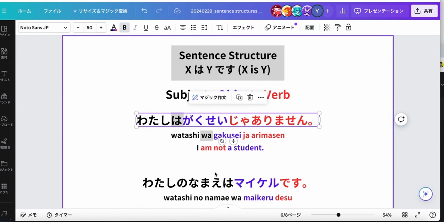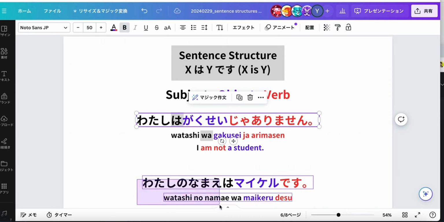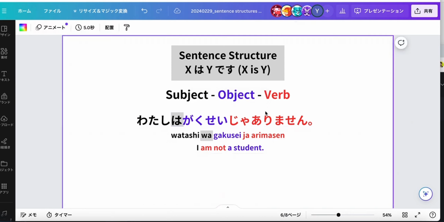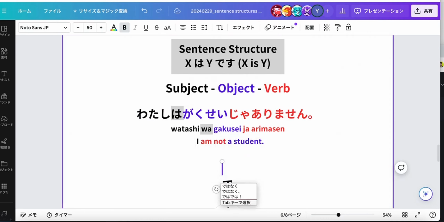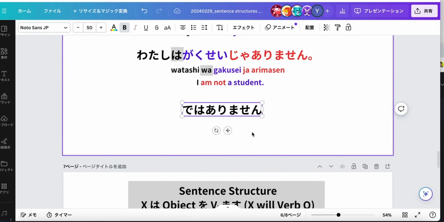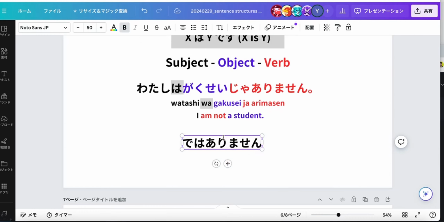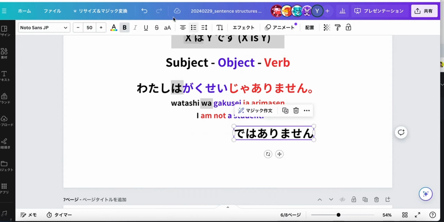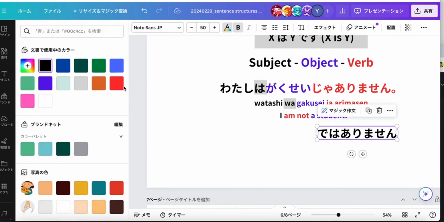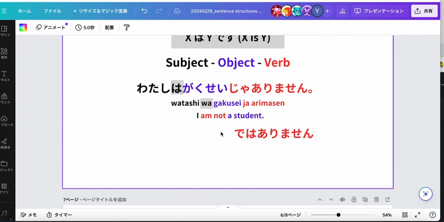So, let me put it here. じゃありません。or ではありません。You can use this one too. じゃありません or ではありません。Both are polite.